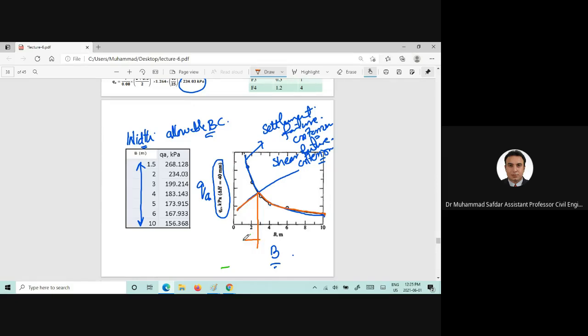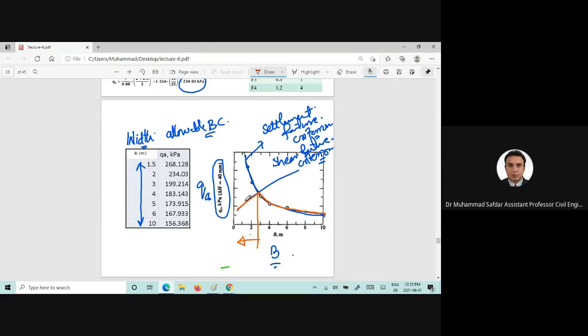Now, if the width of the foundation is less than, for example, 2.8 meter, which design criteria should govern? Shear failure, sir. Shear failure criteria will be governing.